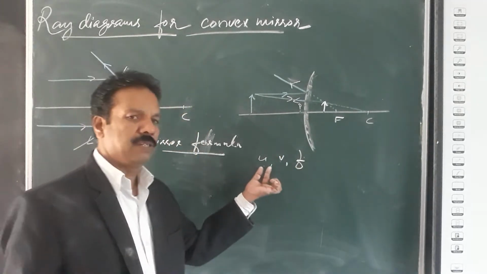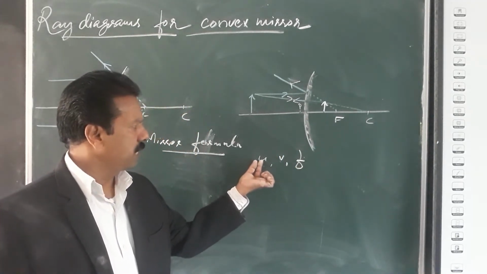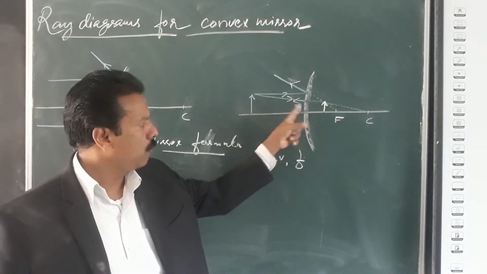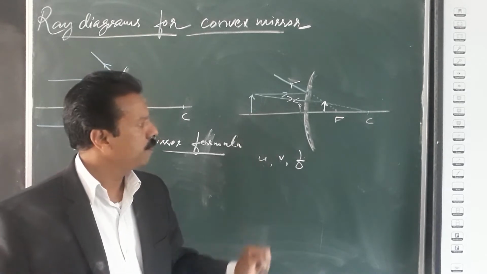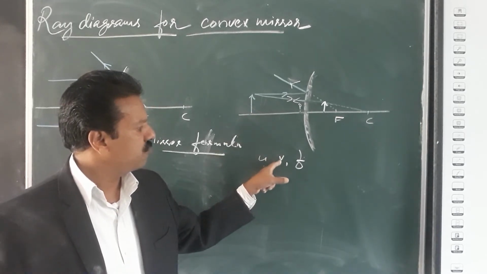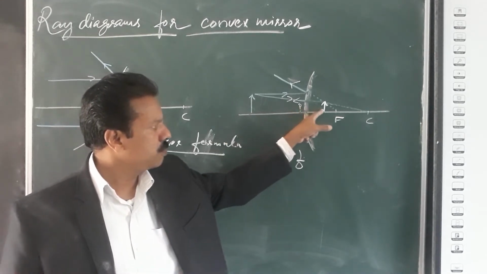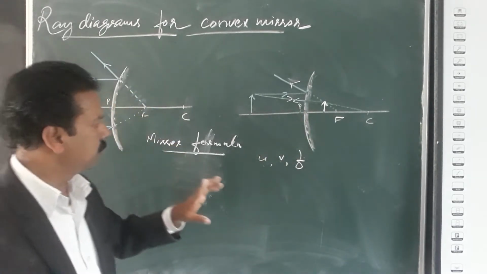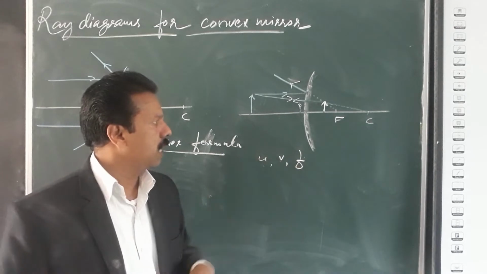Once again I will repeat. U is the object distance, the distance from the pole to the object. V is the image distance, from the pole to the image. And f is the focal length.